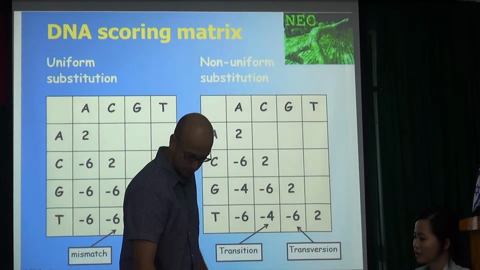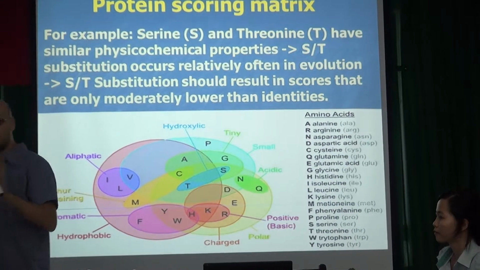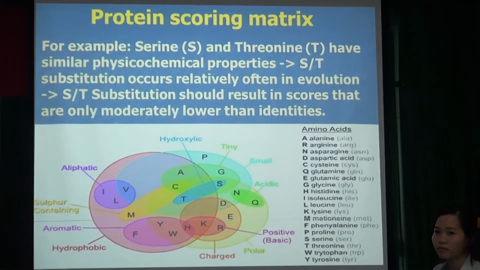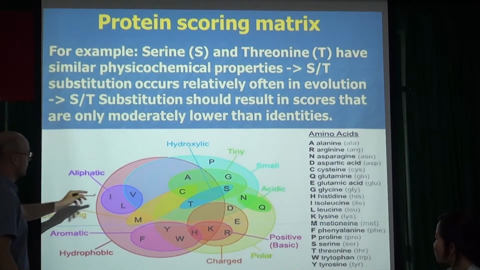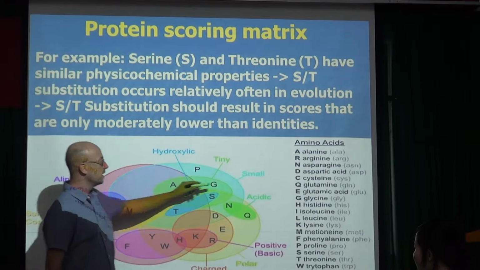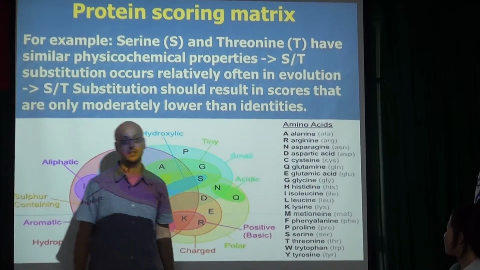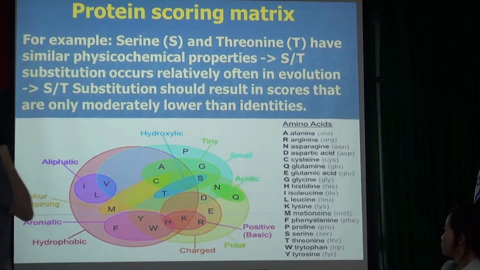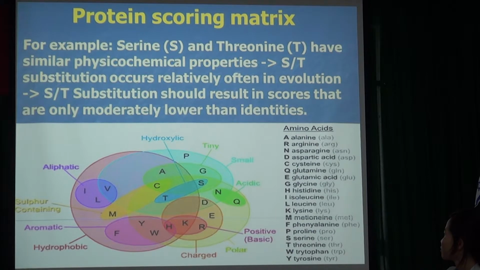Okay. The same way, don't be afraid, the same way amino acids. These letters are different amino acids. A is alanine, R is arginine, N is asparagine. So we have the different amino acids in the protein sequence.